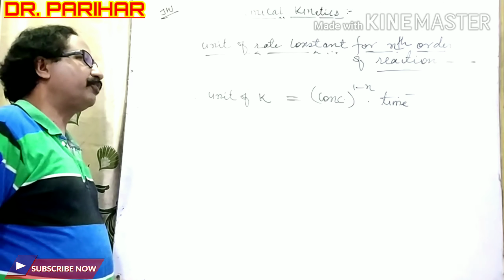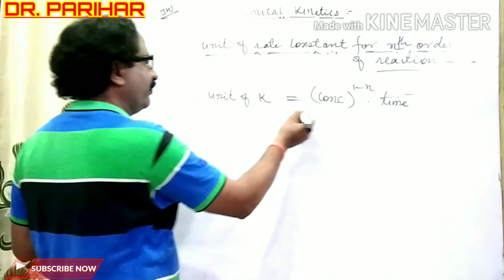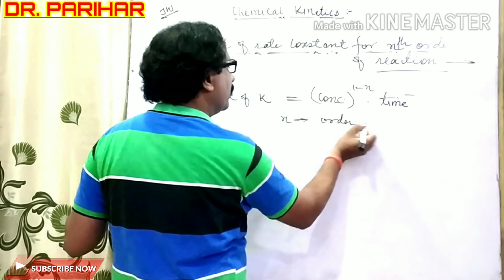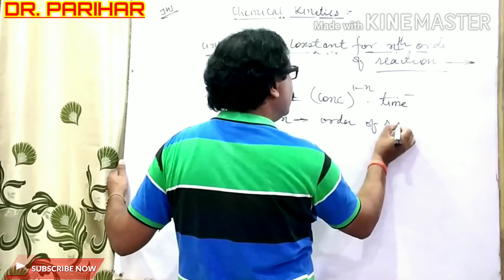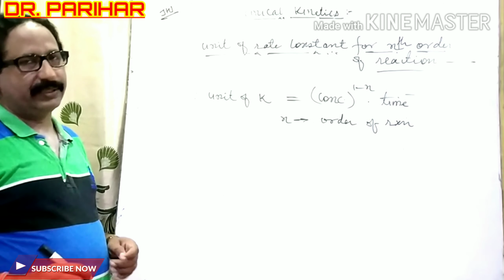This formula we have to use to decide the unit of nth order reaction, and here n is the order of reaction.